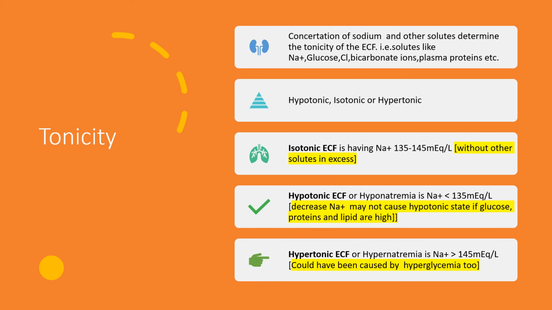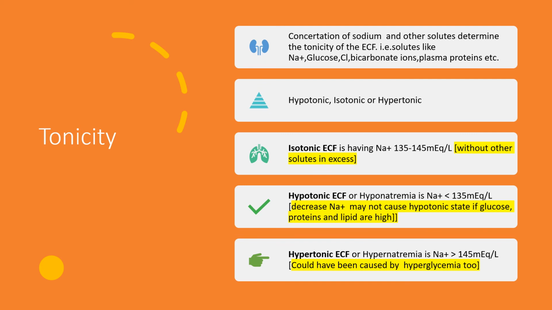It's either we are dealing with a hypotonic environment, isotonic, or hypertonic. In isotonic extracellular fluid, as far as sodium is concerned, it means the sodium will be between 135 to 145 milliequivalent per liter, without other solutes in excess as well.